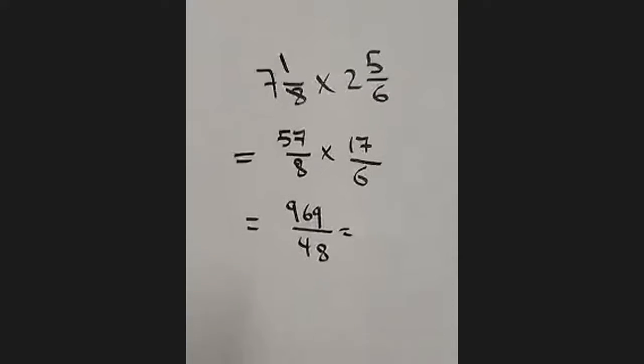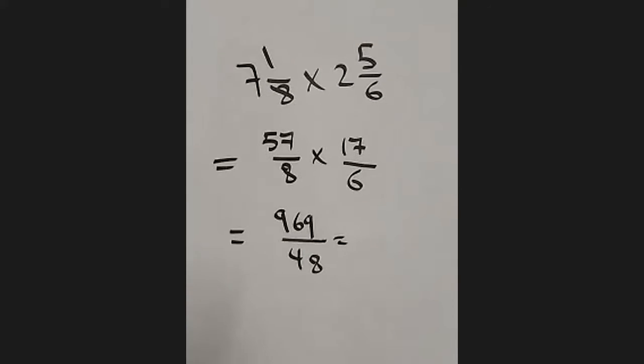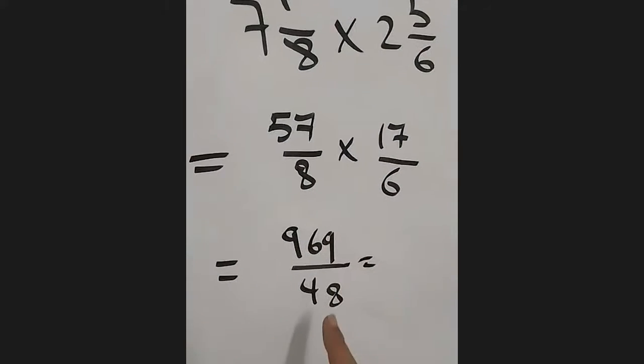Let me check. 57 multiply 17 is 969. Now we divide on 48. See the board? Multiply up 969 divided by 48.